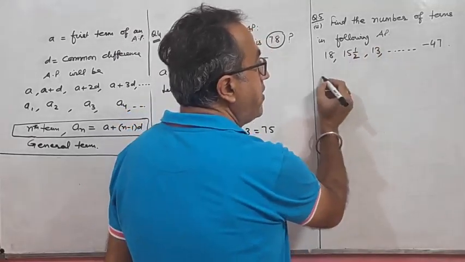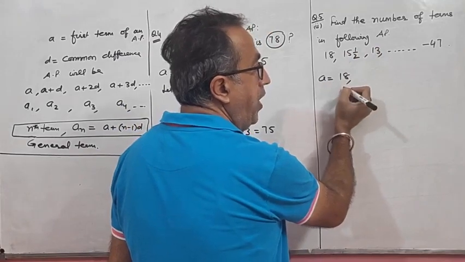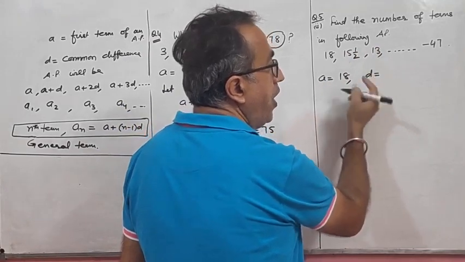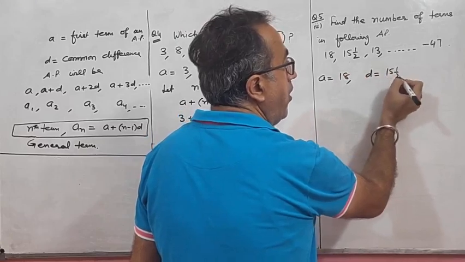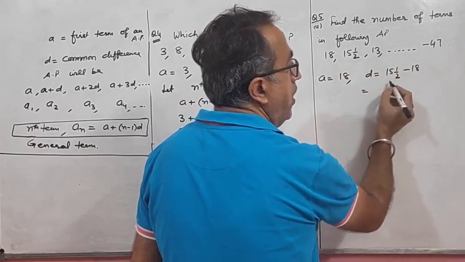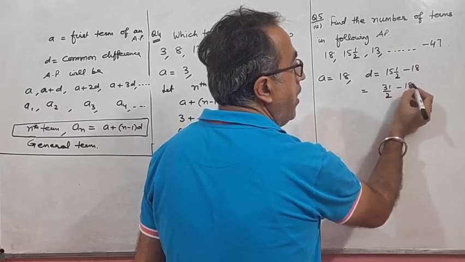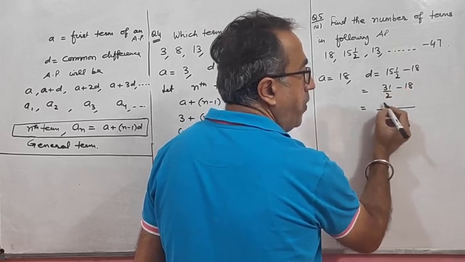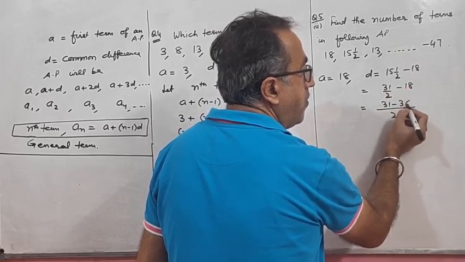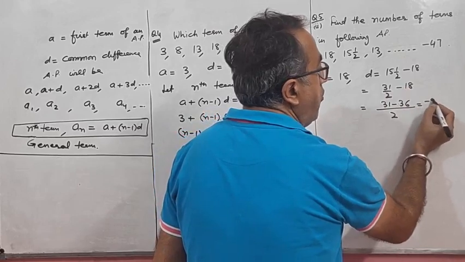We are given the first term A as 18. D we can find out, second term minus first term, 31 by 2 minus 18. LCM is 2, 31 minus 36, this is minus 5 upon 2.